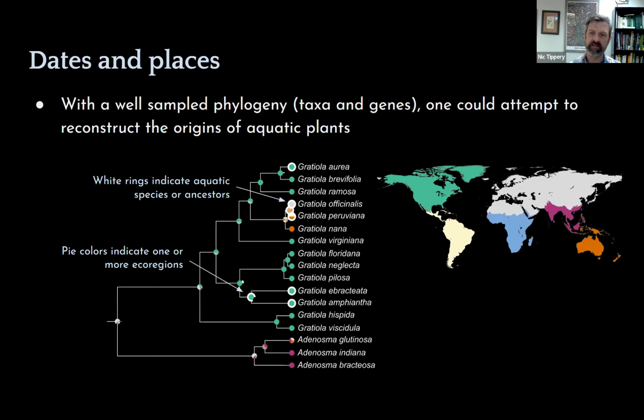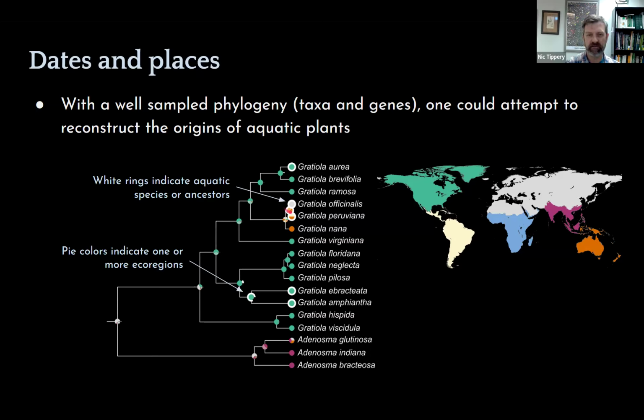That's the colors that go along with the map there. These are ecoregions, six ecoregions of the world, very broad scale. And then the pie charts are a reconstruction of where the ancestors were reconstructed to have grown. So you can see changes in location, whether those correlate with plants becoming aquatic.